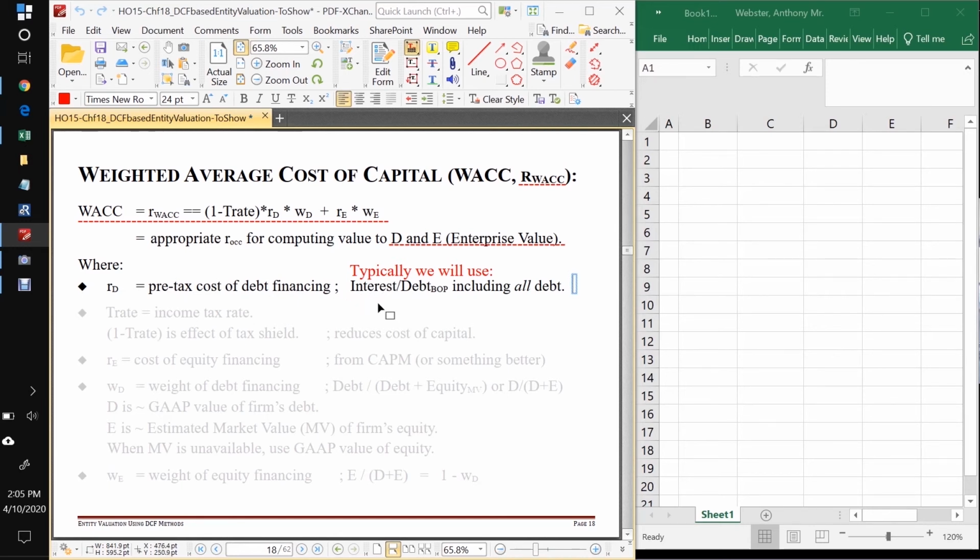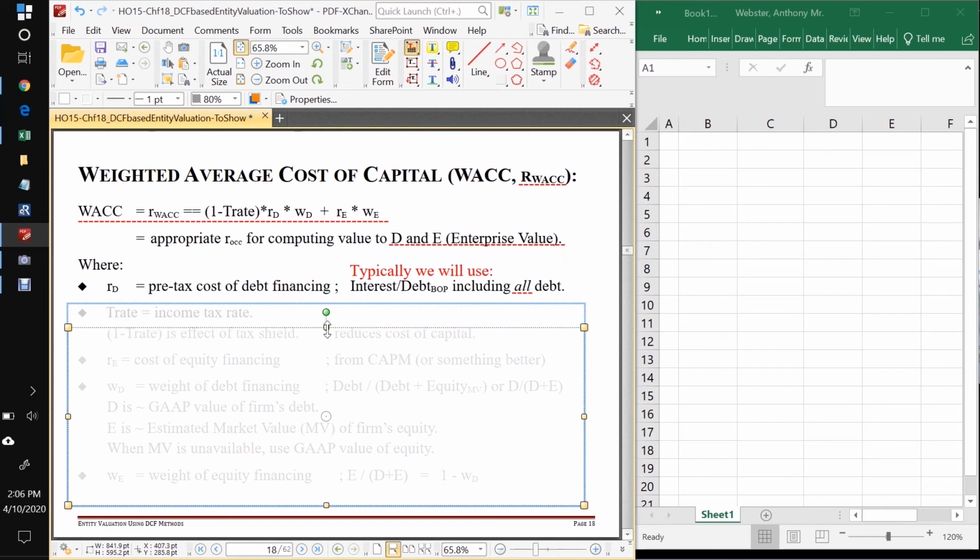We'll just go from the income statement here. Remember, this doesn't include the tax shield, even though we're taking it from the income statement. The interest paid divided by the debt at the beginning of period, and we want to make sure we include all the debt in there. Okay. This is still pre-tax because it doesn't have the tax shield in there. And this is how we get post-tax, by multiplying it by 1 minus the tax rate.